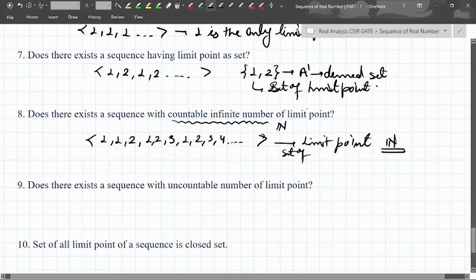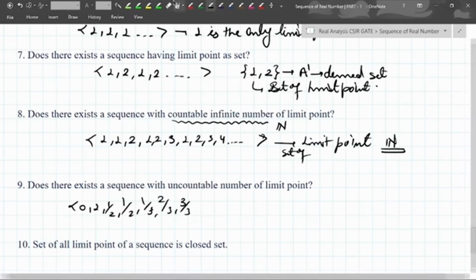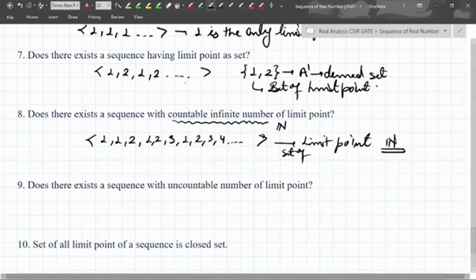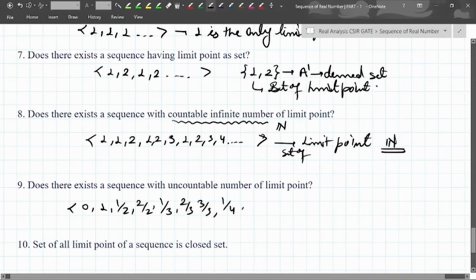Does there exist a sequence with uncountably many limit points? Yes. For example, 0, 1, 1 by 2, then 2 by 2, then 1 by 3, 2 by 3, and 3 by 3, then 1 by 4, 2 by 4, 3 by 4, and 4 by 4.